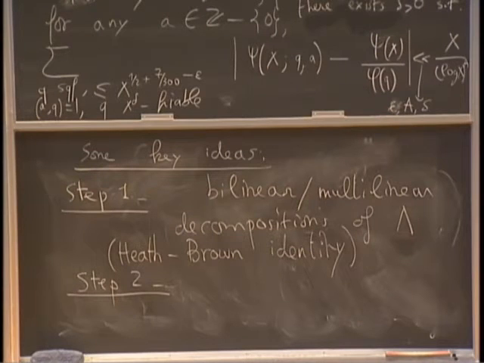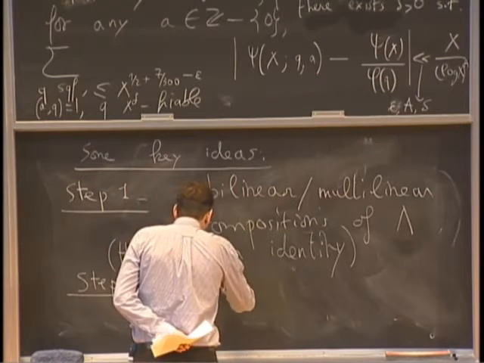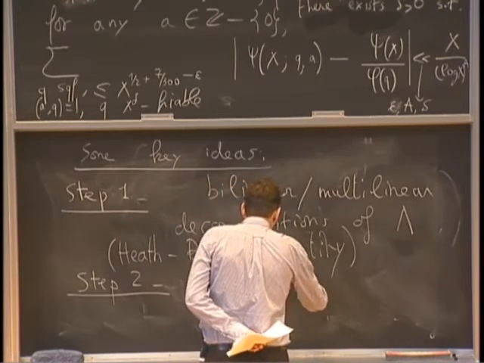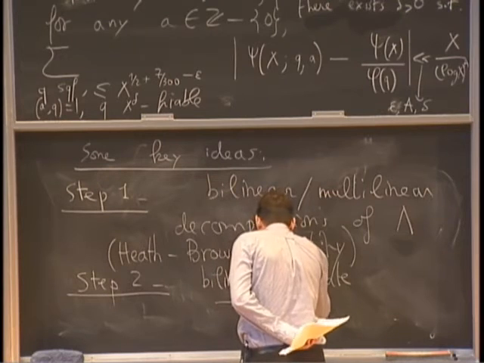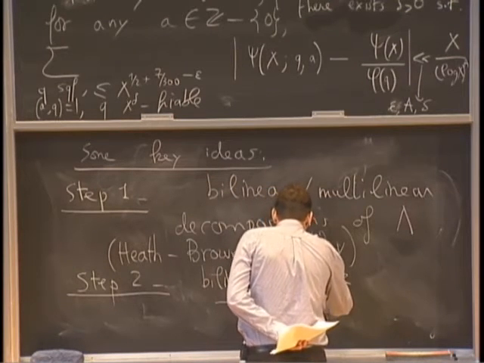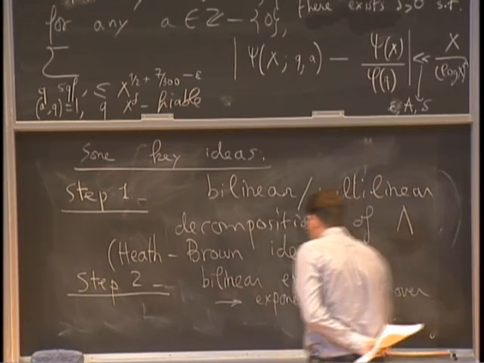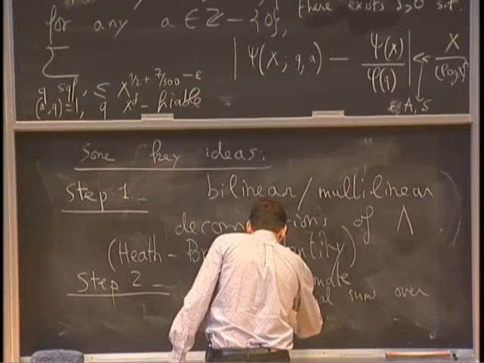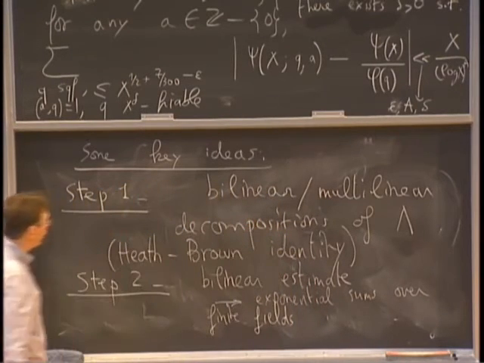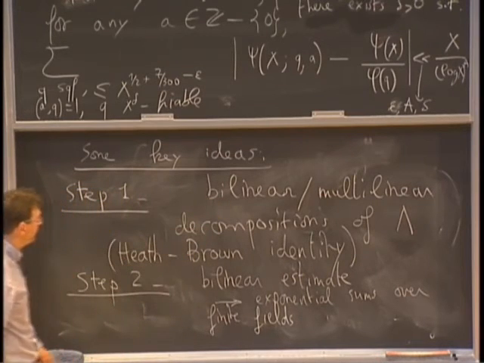Okay, and then the second step that I will describe is the bilinear estimate, up to where we reach exponential sums over finite fields. Okay, so in the original work of Zhang, he could not succeed with bilinear estimates.